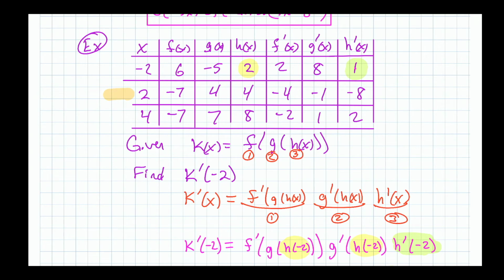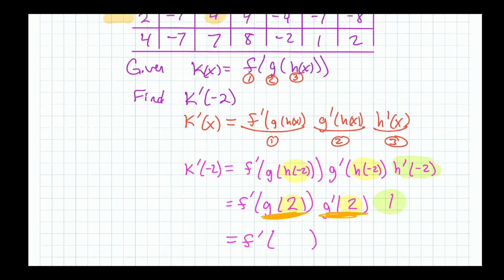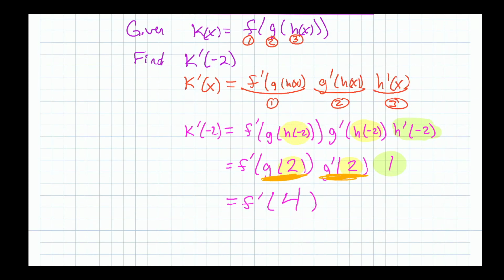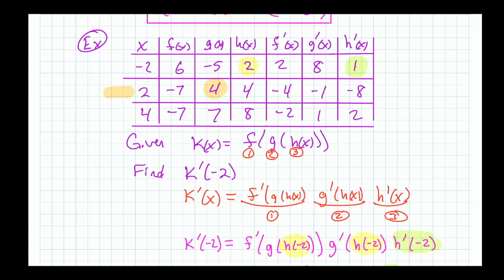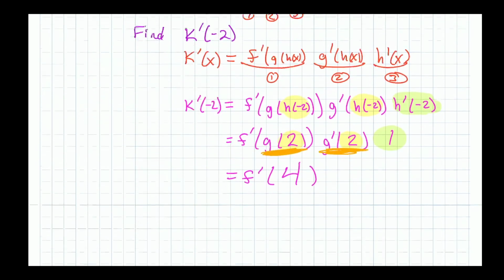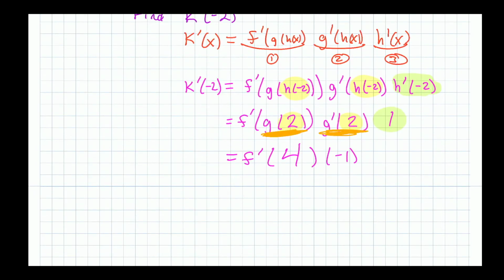So where's g of 2? I guess it's 4, right? So that's 4. Then you need g prime of 2. Where's g prime of 2? G prime of 2 is over here. It's negative 1. So I have negative 1, and then I have 1.